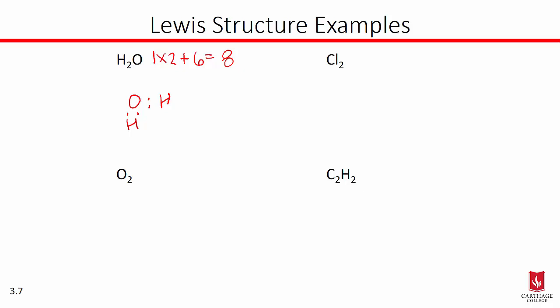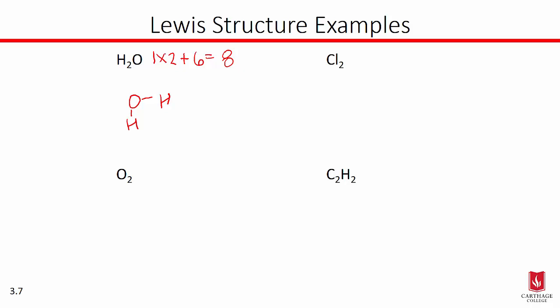Now I could draw them like this, but a shortcut way of drawing this, rather than drawing dots for a shared pair of electrons, is sometimes we'll draw it as a line connecting these atoms. So we'll draw a line connecting the oxygen to the hydrogen on the right, and a line between the oxygen and the hydrogen on the bottom.